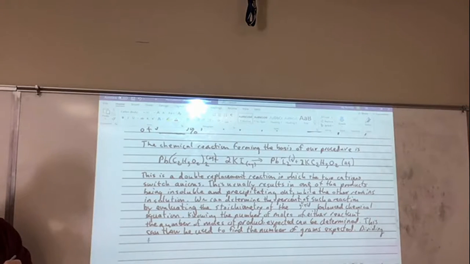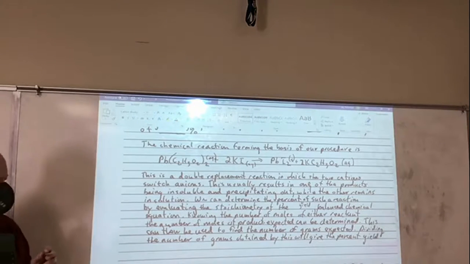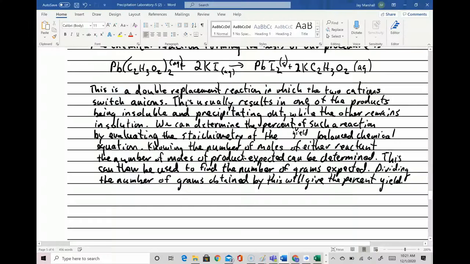Dividing the number of grams obtained by this will give the percent yield.